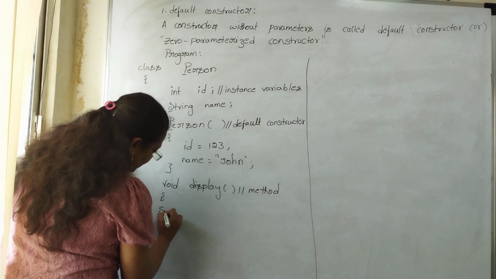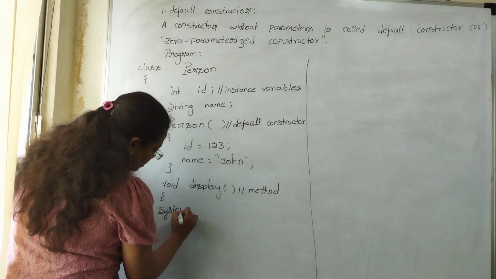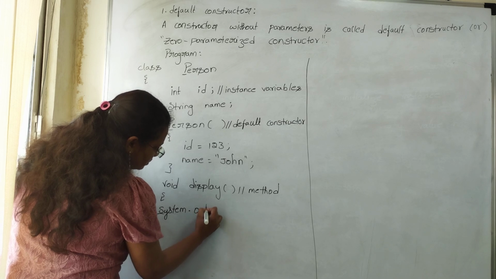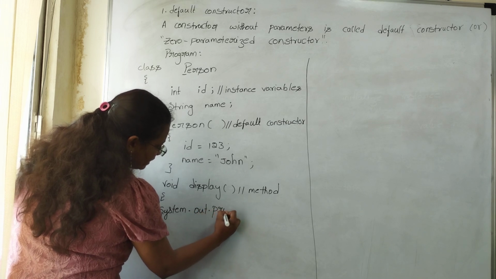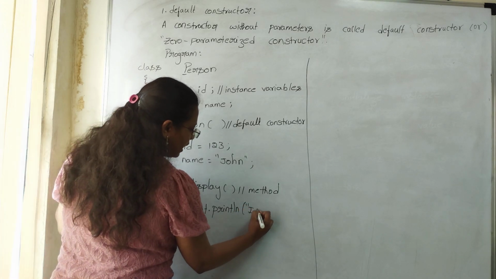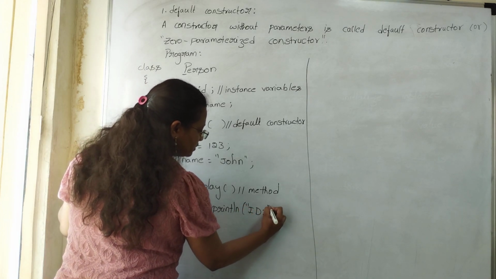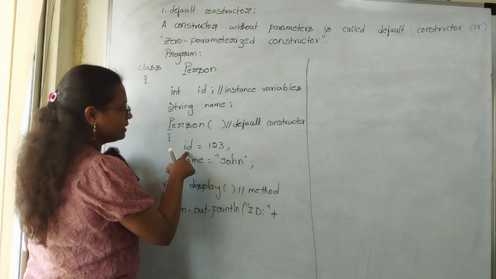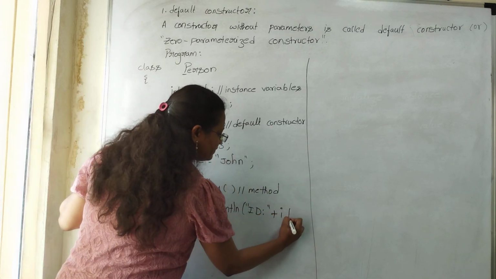So that is the reason I am taking here System.out.println of, you need to print the ID plus what is the variable name I have given? ID.